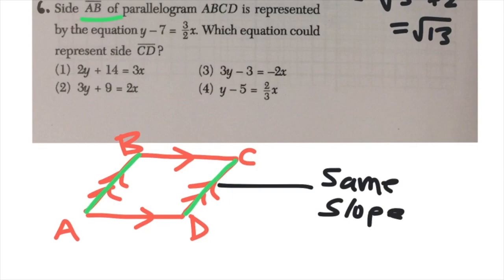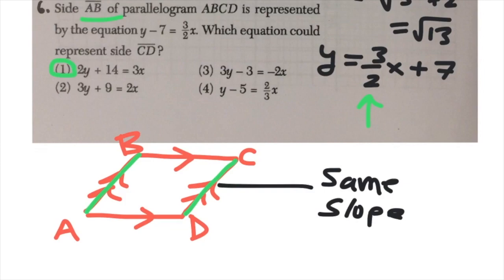So I need to figure out the slope of this equation here. So we get y equals 3/2 x plus 7 when we get the y alone. So the slope of side AB is up 3/2. So which of these other equations also has a slope that's 3/2? It is choice 1.